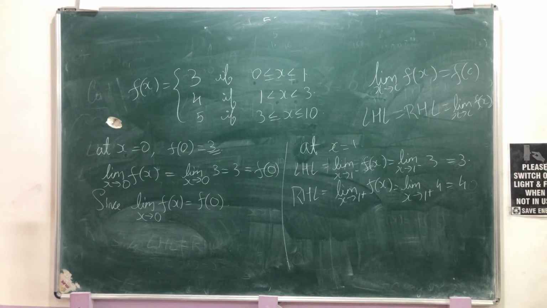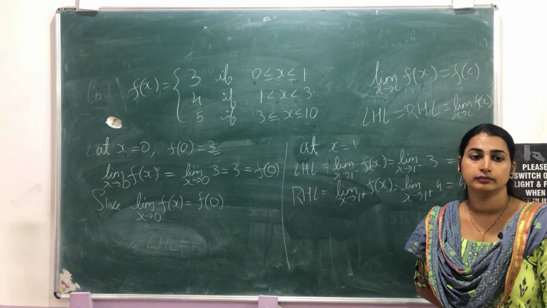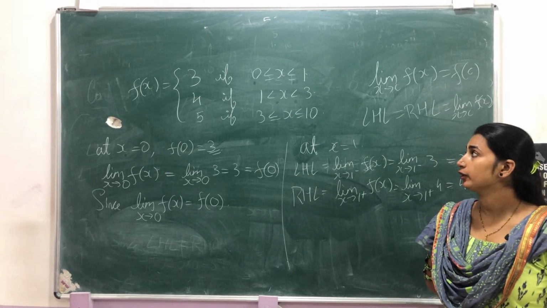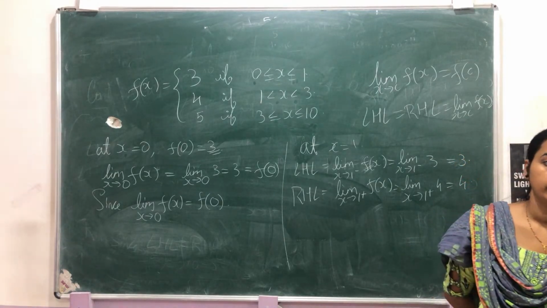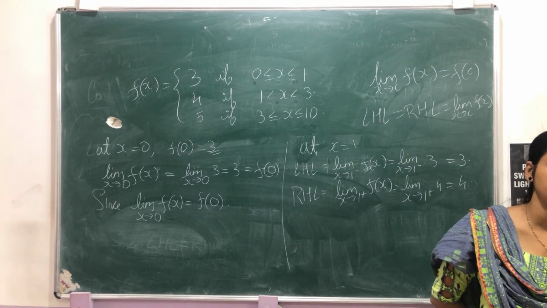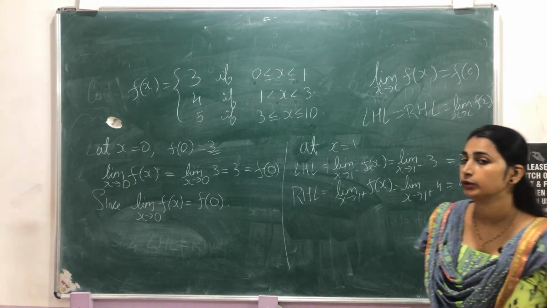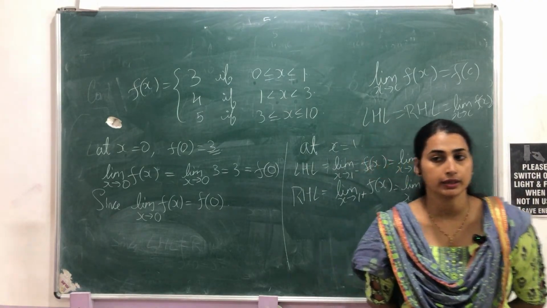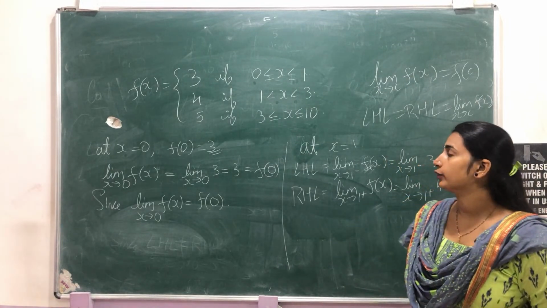What is the left hand limit at 3? It is 4. What is the right hand limit at 3? Whether they are equal? The left hand limit is not equal to the right hand limit. Therefore, the function is not continuous at x equal to 3. The point of discontinuity is x equal to 3.